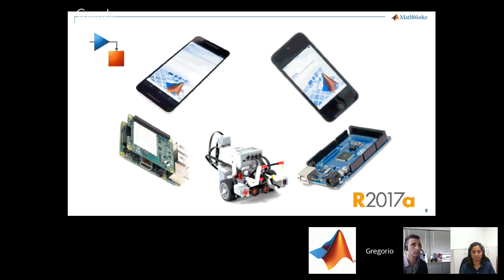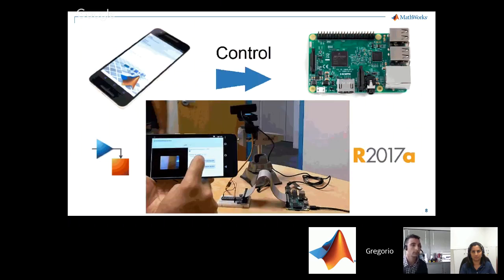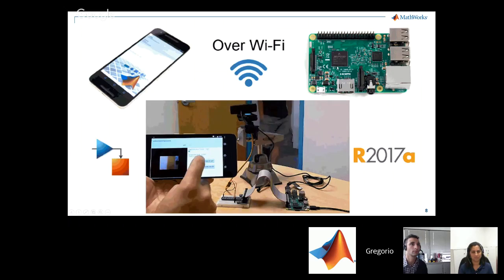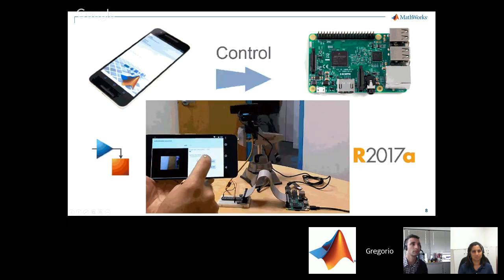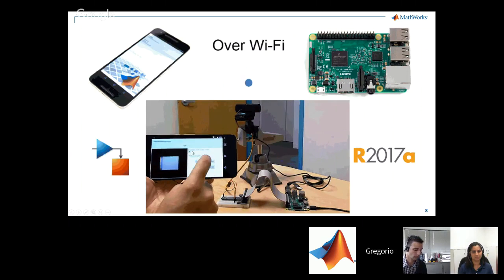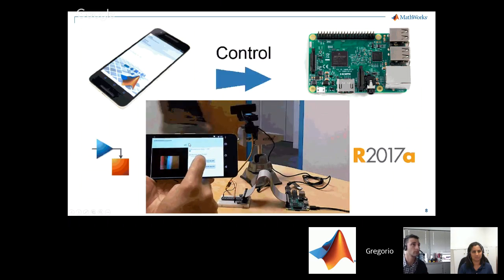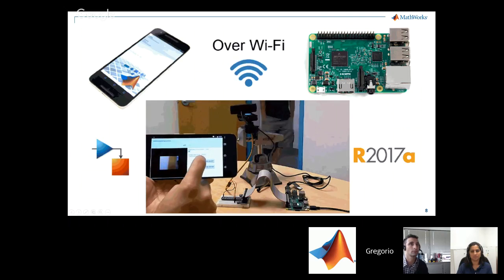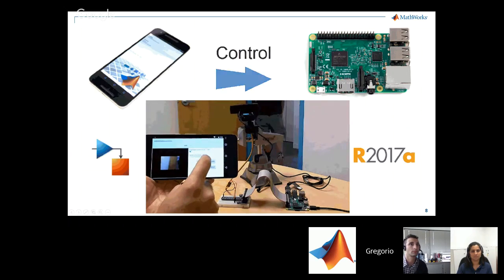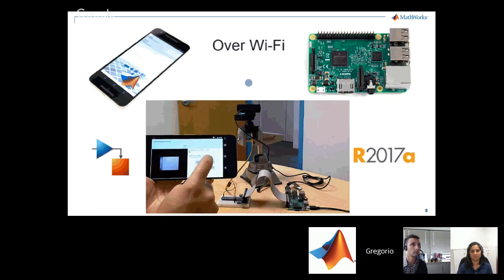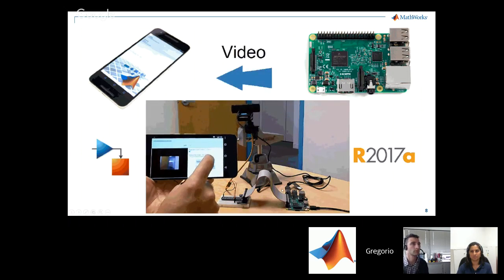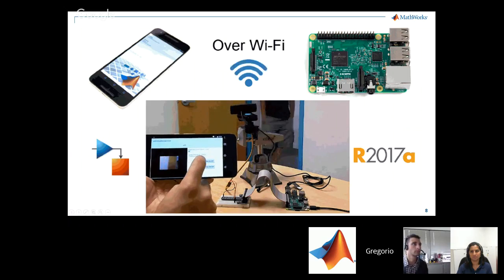Basically, what we're doing in that case is having control of the other device by developing a Simulink model for each one of the devices, one Simulink model for the phone and one Simulink model for the Raspberry Pi, and setting up parameters in the Wi-Fi, TCP/IP and UDP blocks that let them communicate with each other.